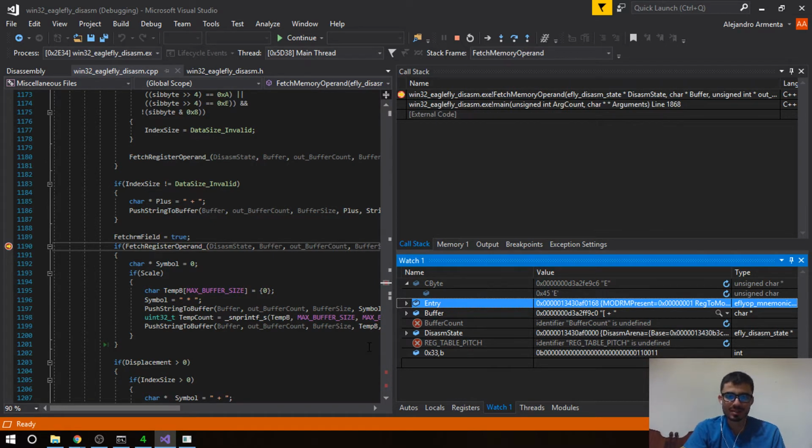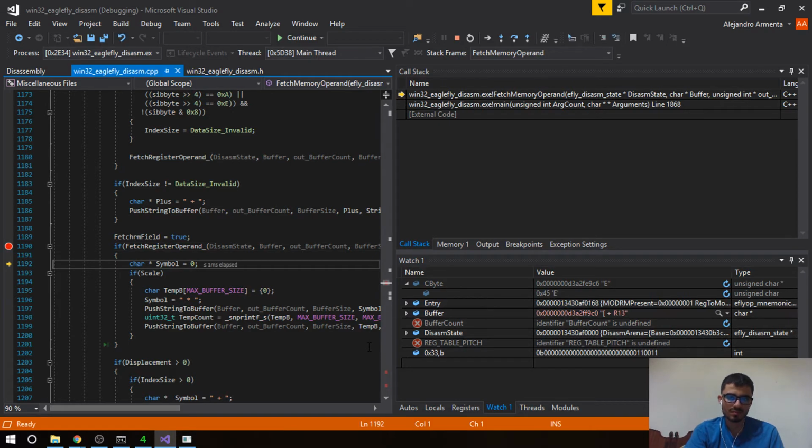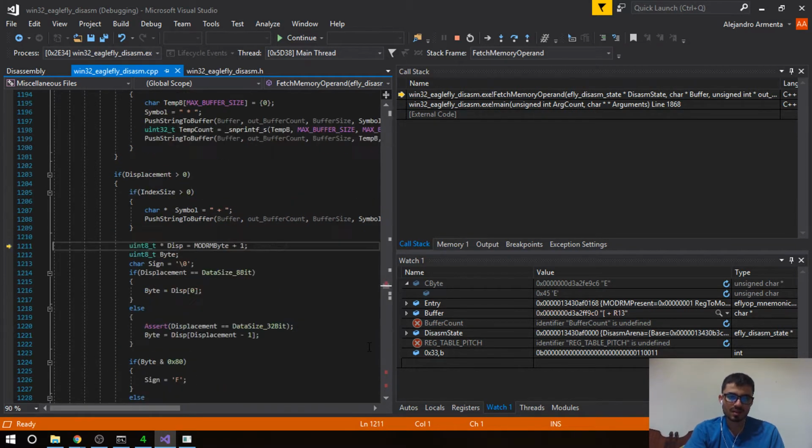We have an index, which is the case for the thing we got. We got R13 and the symbol stuff that happens because we happen to have a displacement.